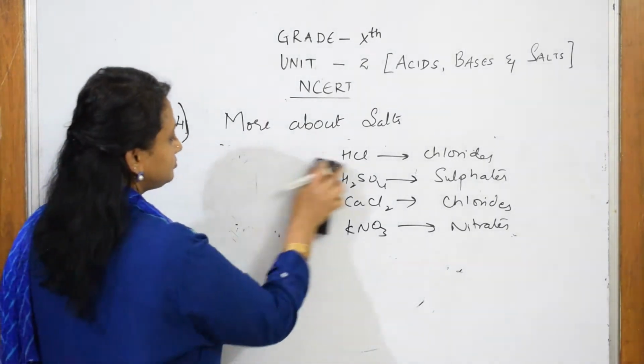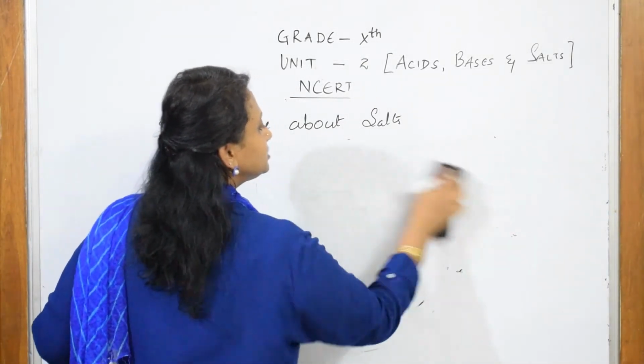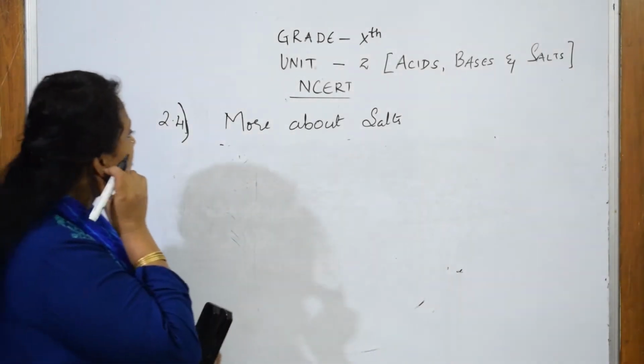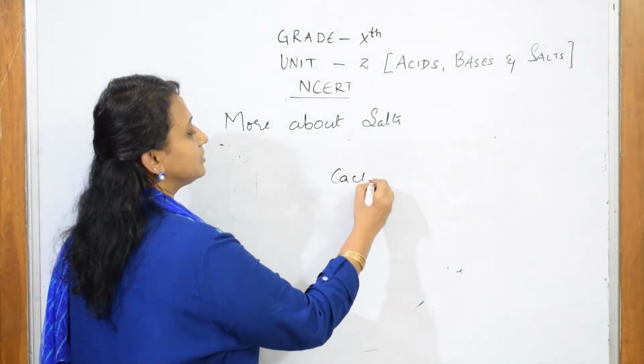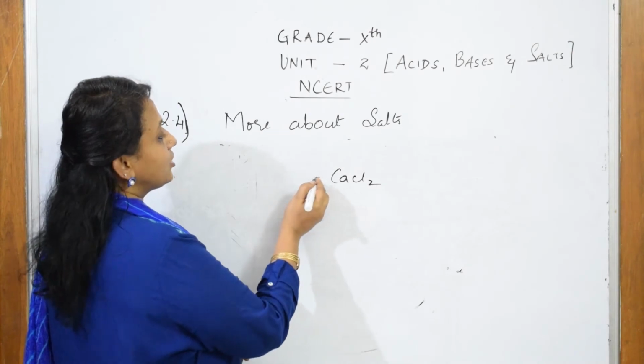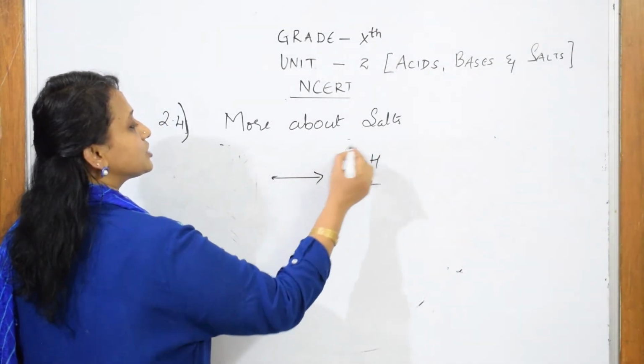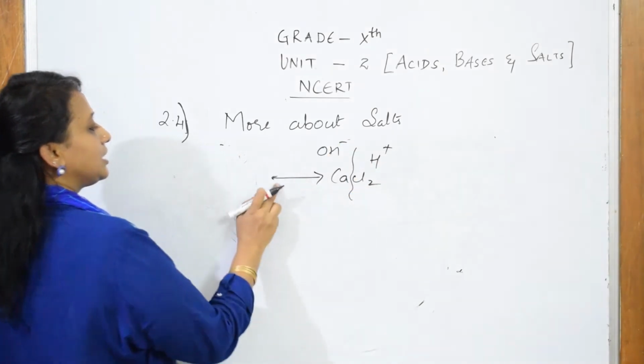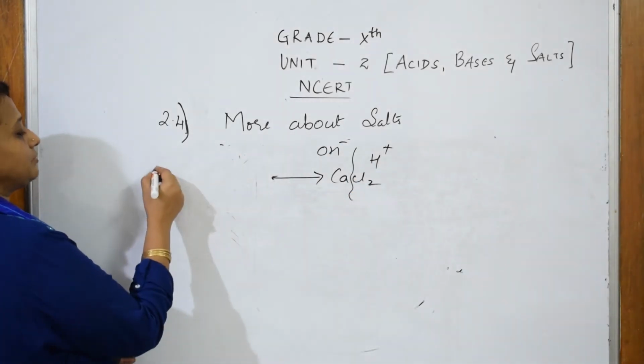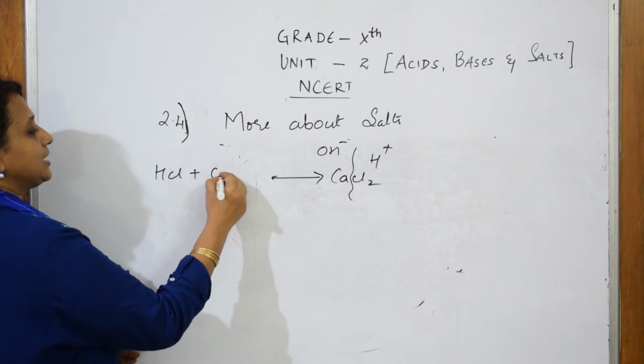Now, suppose I have got calcium chloride. From where did I get this? I got it from a parent atom. I said break this, H plus OH minus. Now what do we get? You got it from HCl plus calcium hydroxide.